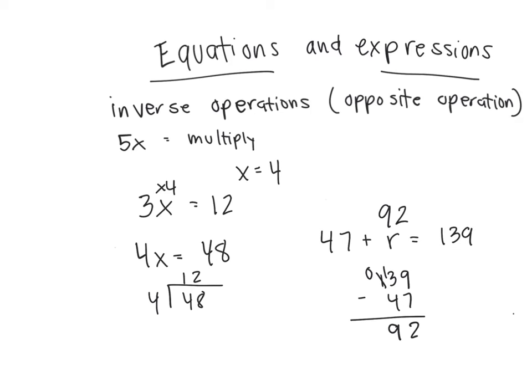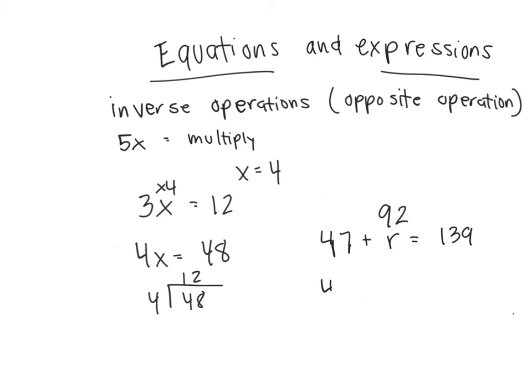Now remember, sometimes we get messed up because we do the operation that's shown. So for example, if you're adding 47 plus 139, you would get 186. If you put that into your problem, which remember we said to do, you would immediately notice that that wouldn't work.